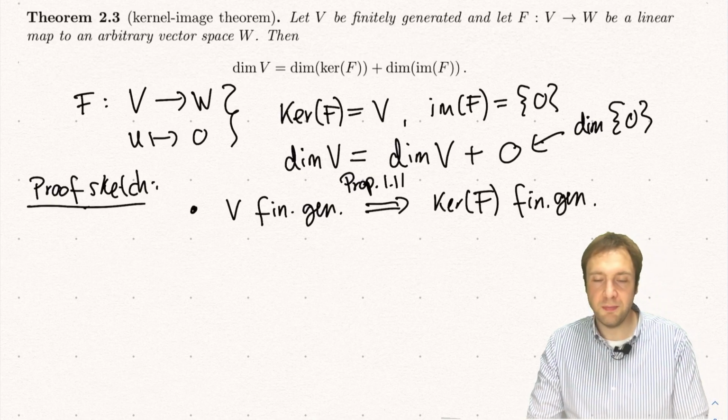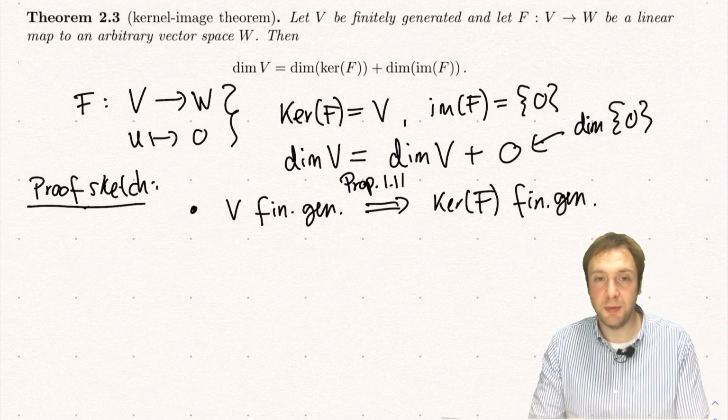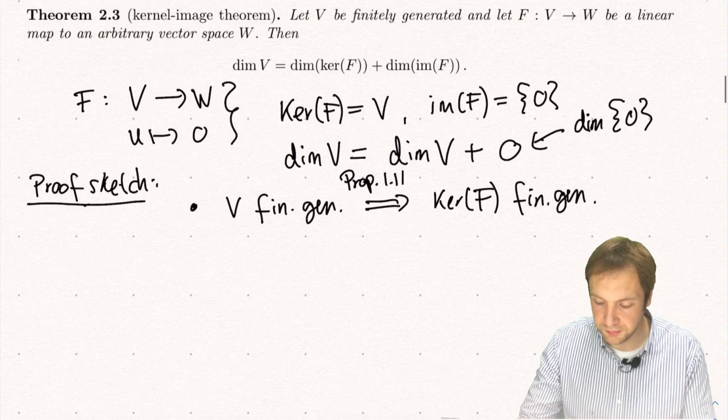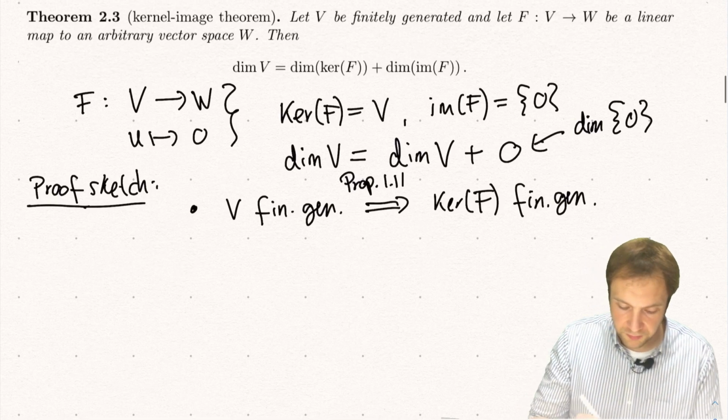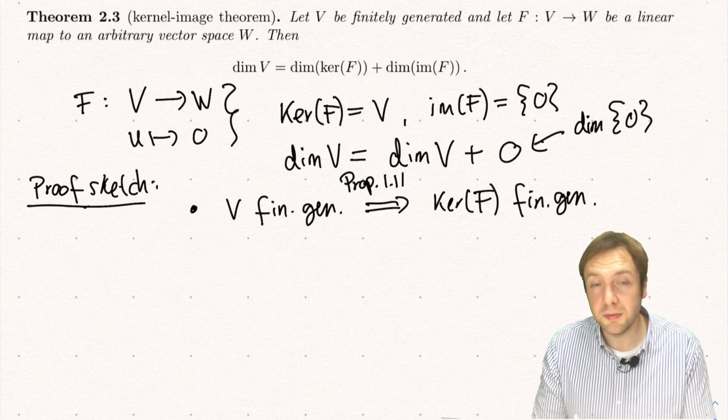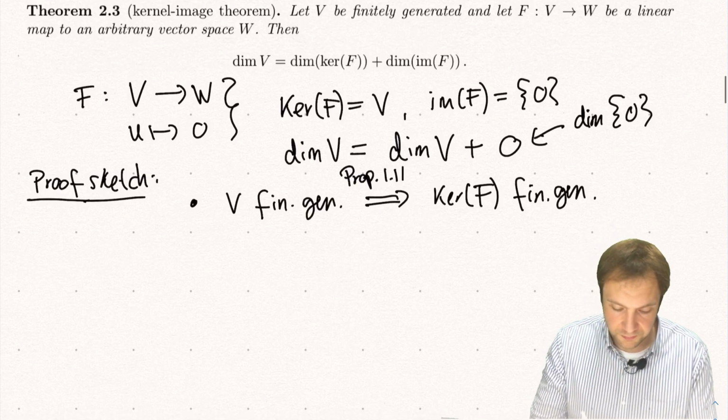Finitely generated means that I can span the space by finitely many elements. In particular, the dimension is finite, so I can choose a basis for this space.